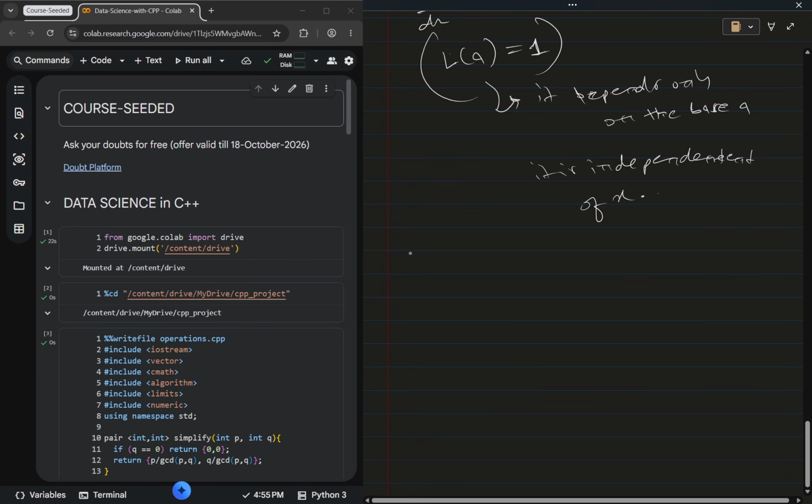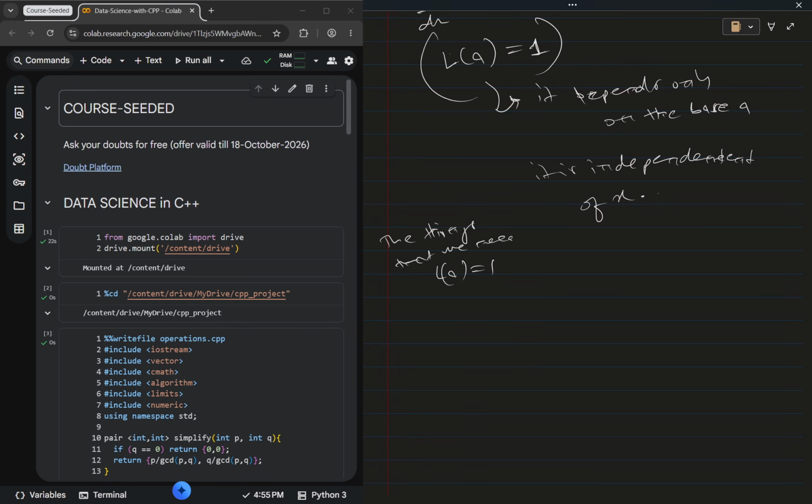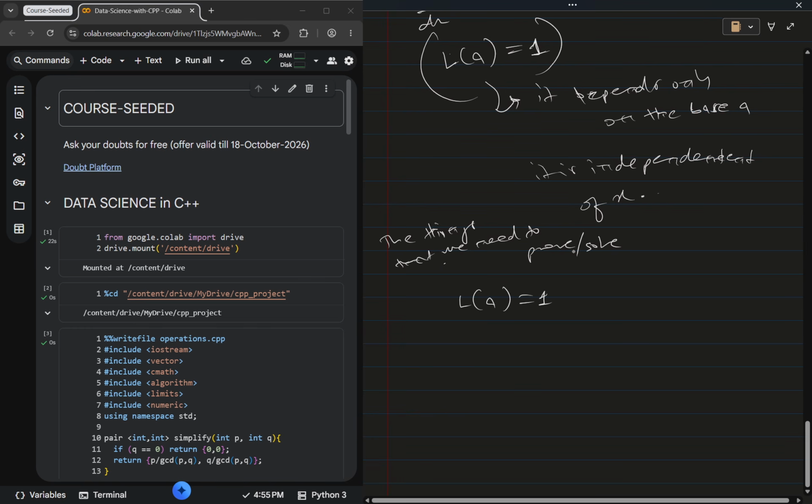We are left with LA equals 1. The things that we need to prove or solve: first, this LA equals 1. Basically it is independent of x and depends only on the base a, and that a will be your e, obviously.